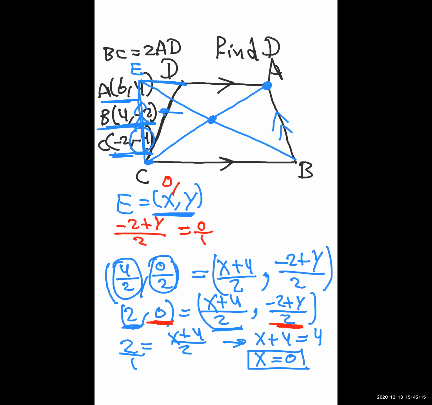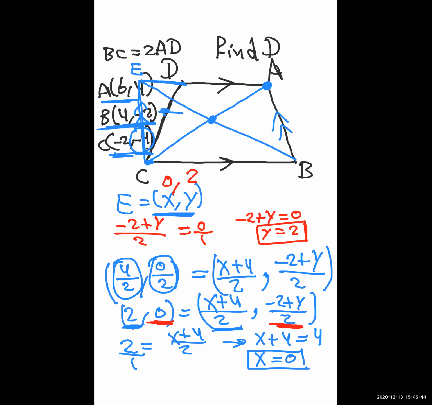Then cross multiplication, so negative 2 plus y equals 0. So y will equal 2. So x is 0 and y is 2. Okay, are we clear till now? Yes. Great. So now, guys, I got the coordinates of the point E, (0, 2).